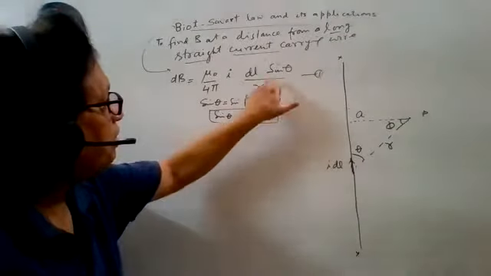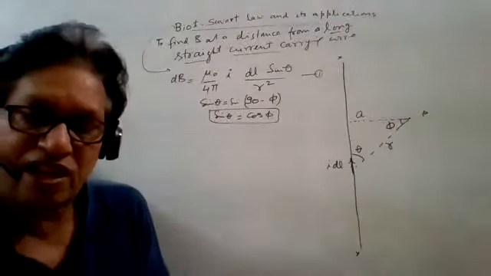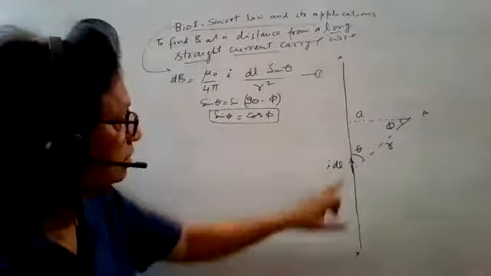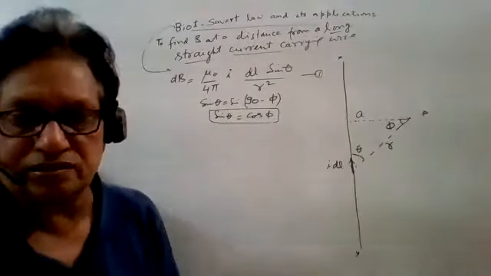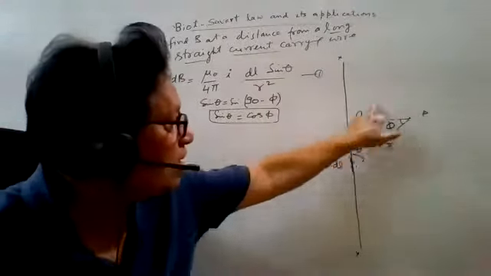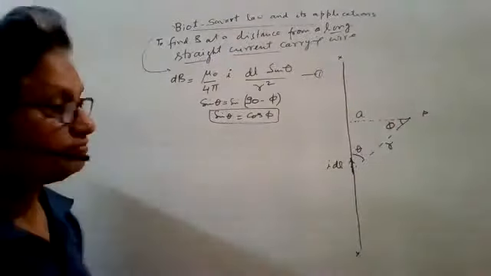Now R and L. Now A upon R, how much? A upon R is this perpendicular upon this hypotenuse. I am not taking sin theta, I am taking this variable phi. In terms of phi, A upon R is what? Base upon hypotenuse, so cos phi.